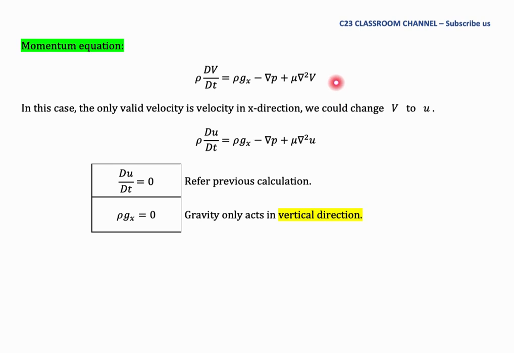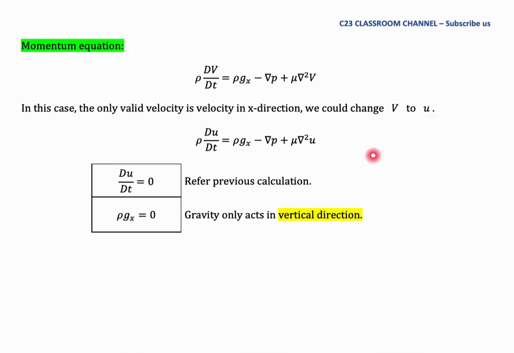So this is the simple form of the momentum equation or Navier-Stokes equation. We have rho dv over dt is equal to rho gx minus nabla p plus mu nabla square v. Because we are only discussing the x direction, we could change v here into u, to simplify our calculation.